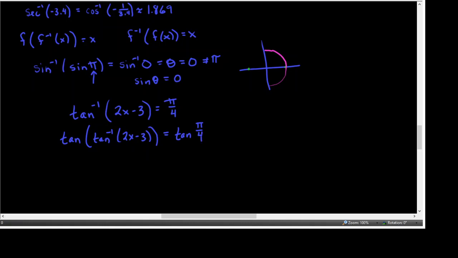For arctangent, if you look up there, tangent of arctangent of x is x. And notice there's no restriction above that for x, so x can be any real number. So tangent of tangent inverse of whatever will always be that whatever. You don't have to worry about that one. And tangent of pi over 4, of course, is 1. And so you solve for x by adding 3 and dividing by 2, and you get x equals 2. Okay.